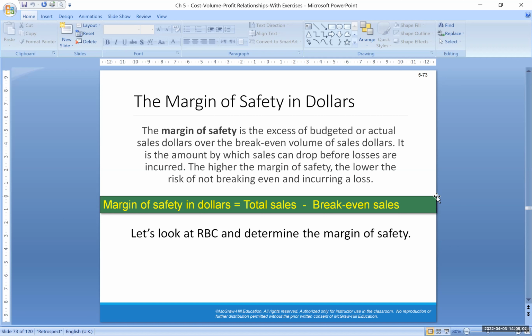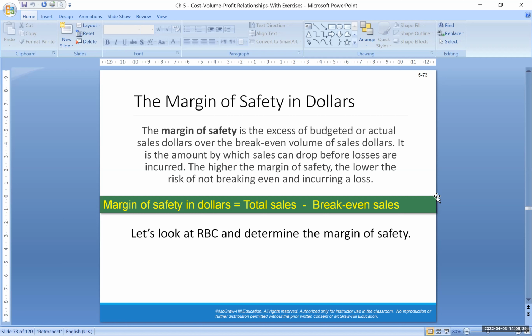Now, if I sell more than the break-even, the difference between the actual sales or planned sales and the break-even sales is called the margin of safety. This means that the margin of safety can be calculated in dollars, which is sales, or in units, which is the difference between the units actually sold and the units to break even.